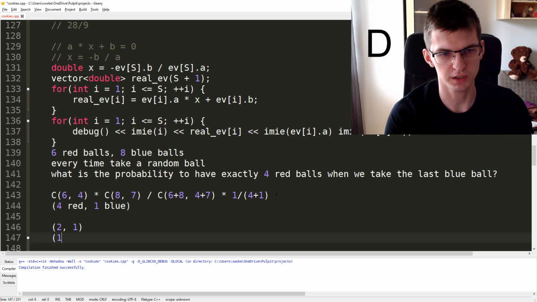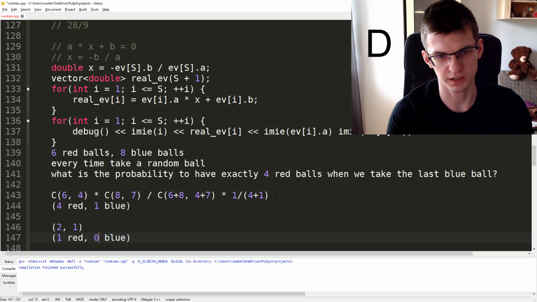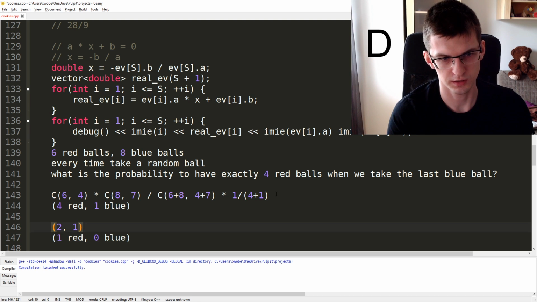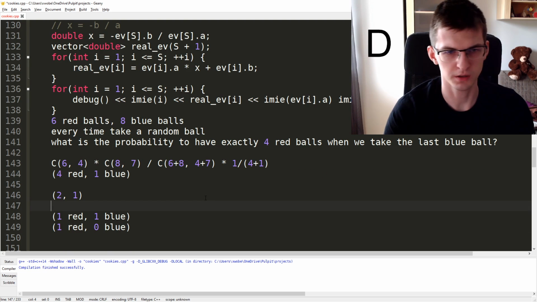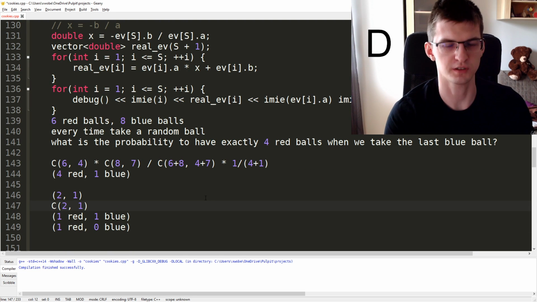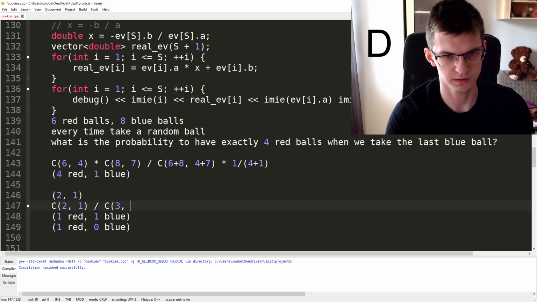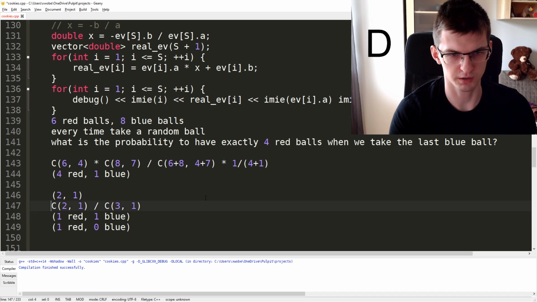What's the probability to get to 1 red, 0 blue? Well, a moment before that, there must be 1 red, 1 blue. The probability to do that is, among 2 red, choose 1 red, times among 1 blue, choose 0, so 1, divided by this. This is 2/3. And then among those I need to take away blue.